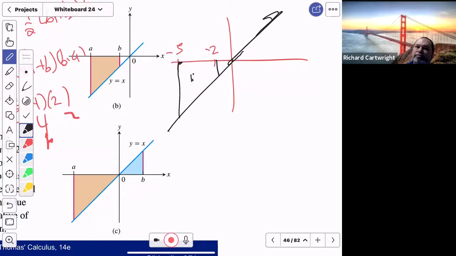If you use the actual numbers, that's y equals x, so that height's a -5. That height is a -2. If you call the height of this trapezoid -5 minus -2, which is -3, I'll bet you any money you'll get a negative answer. But you're not used to using negative numbers in geometry for measurements.